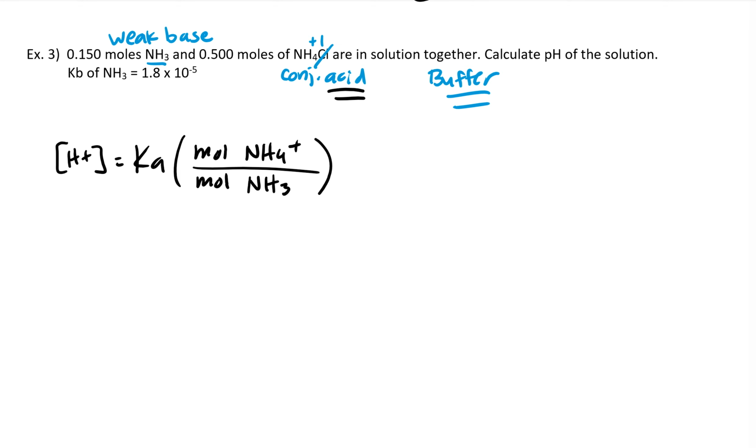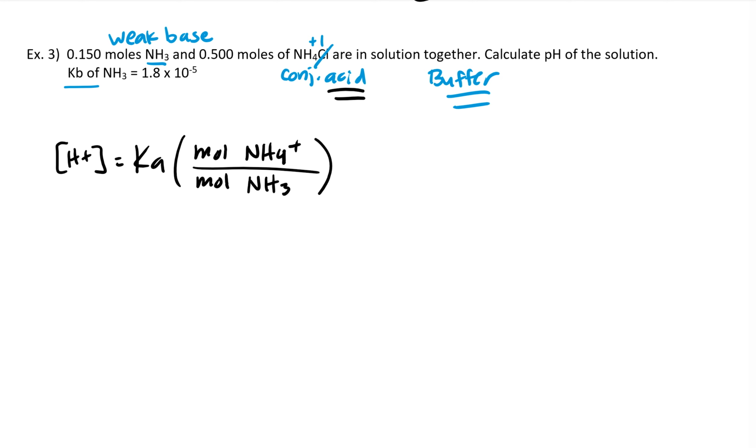When you do this mole ratio part, it is always acid over base, and the acid is always the one with the extra hydrogen. So we're going to plug and chug here, but immediately I notice I have a problem. In my equation, I have to use a Ka value, but in the problem itself, it didn't give me Ka, it gave me Kb. So I first need to convert a Kb into a Ka value.